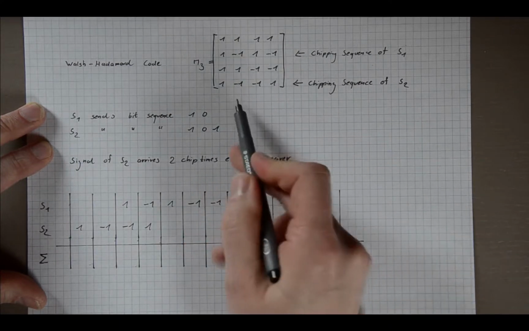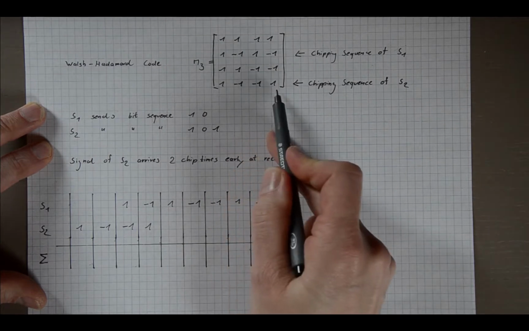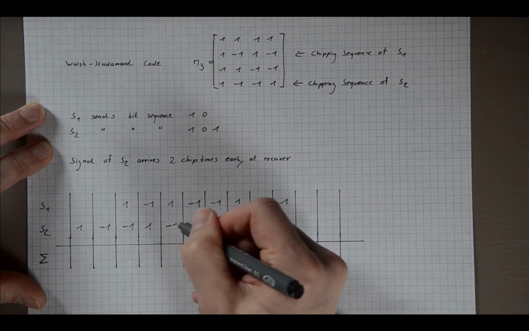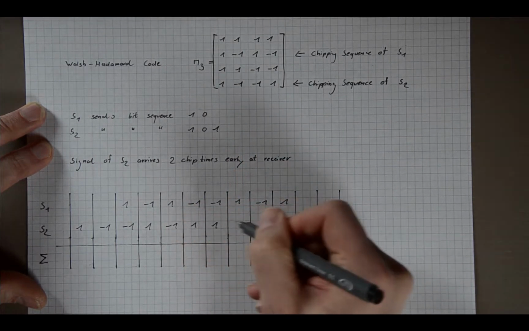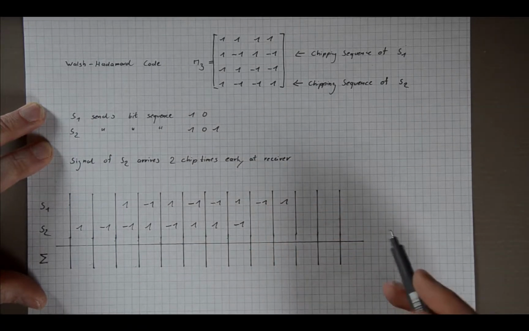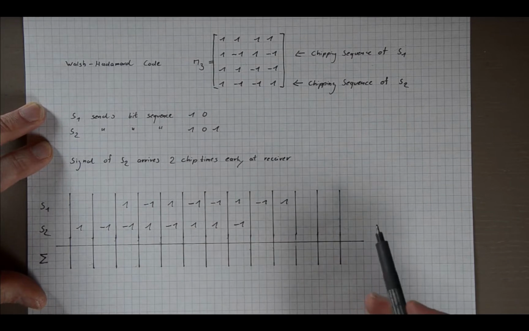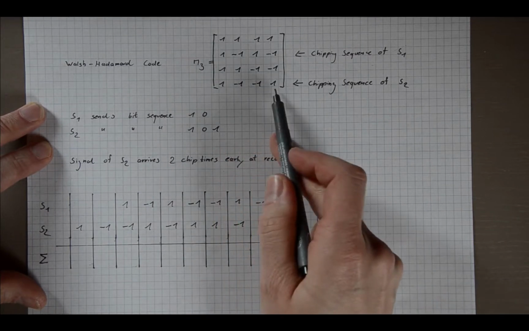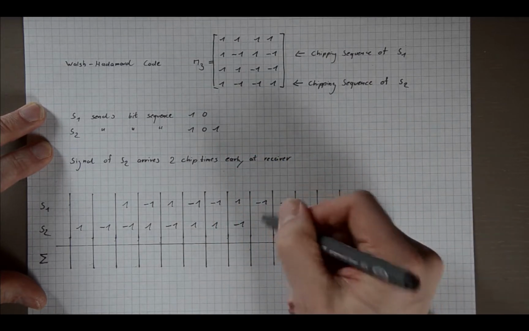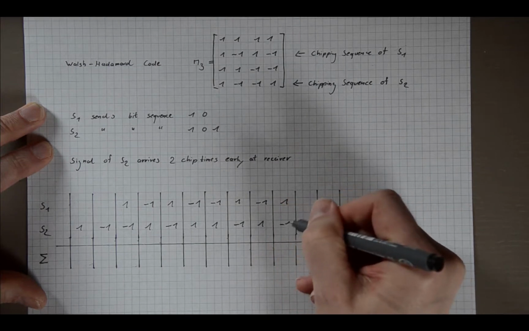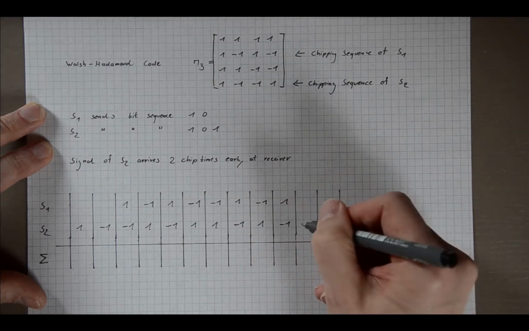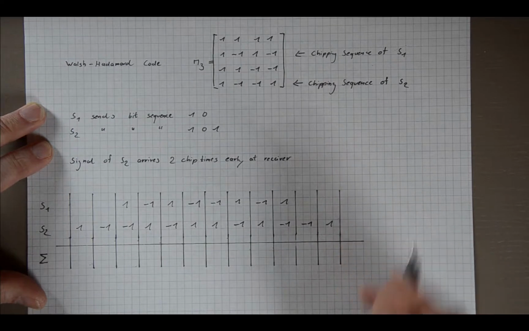That would translate to -1, 1, 1, -1. And last but not least, it wants to send again a 1 bit. That would translate to 1, -1, -1, and 1 as a chipping sequence.